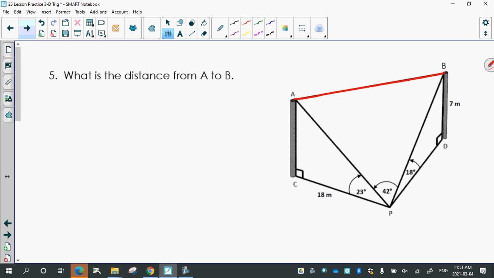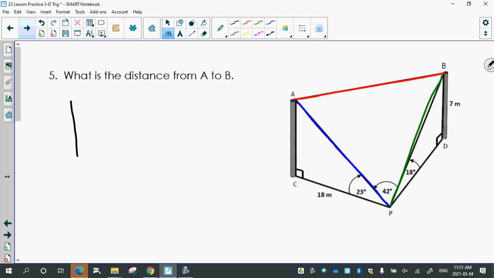You have to find the two sides on both of the triangles. Yes, you have to find the hypotenuse of this right triangle and the hypotenuse of this right triangle. And then you'll have the two sides and the angle in the middle, so you can use the cosine law. Awesome. Okay, so I'm going to start off with ACP and redraw it.